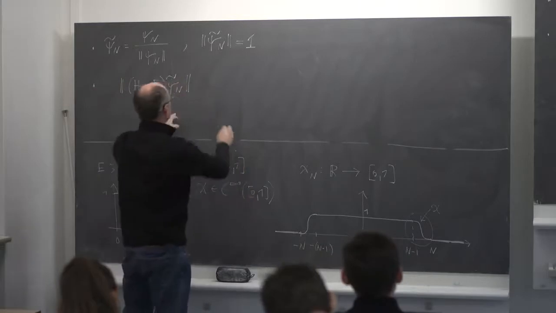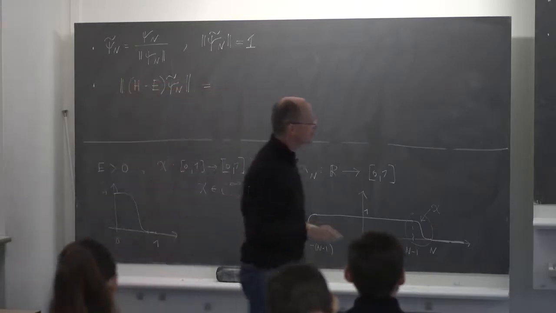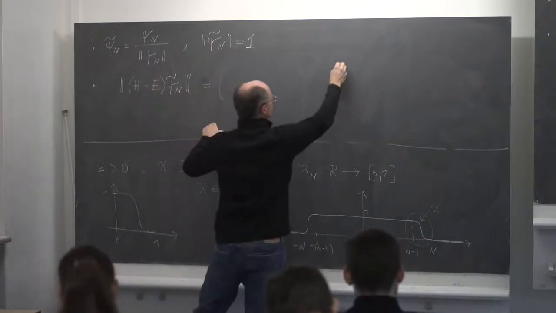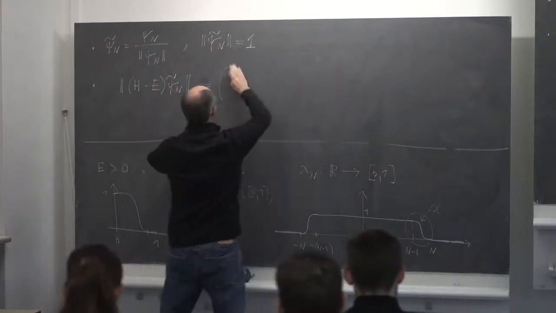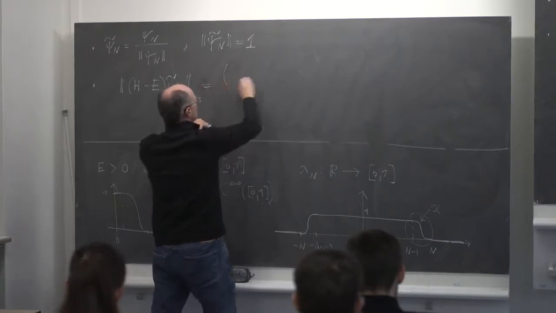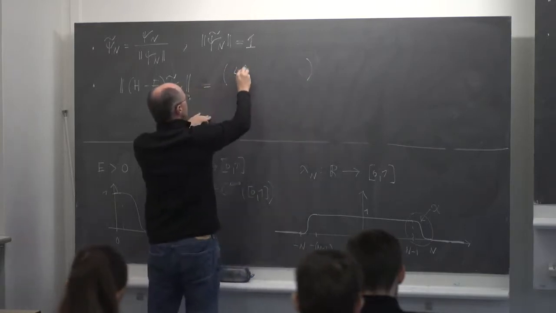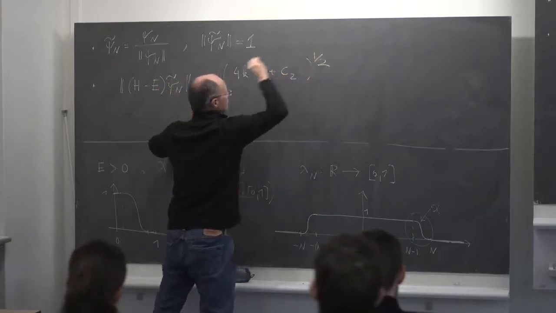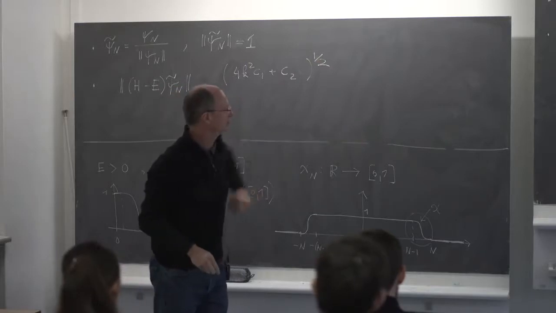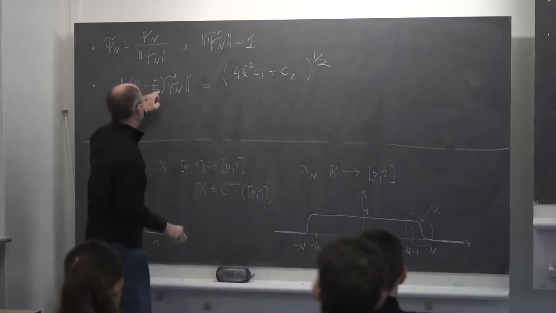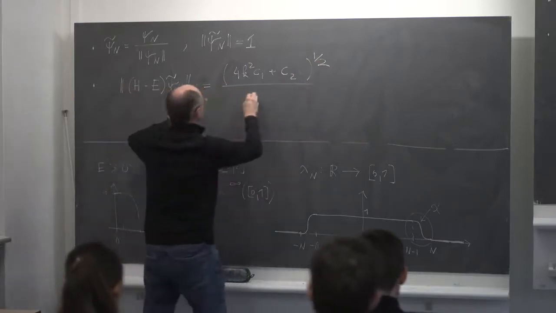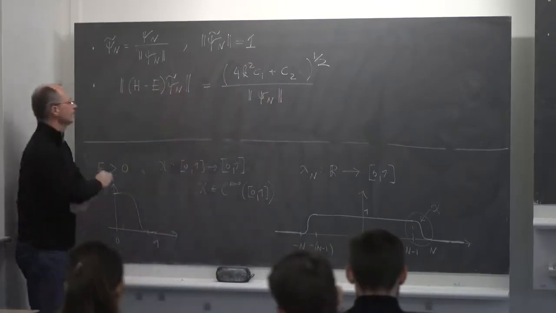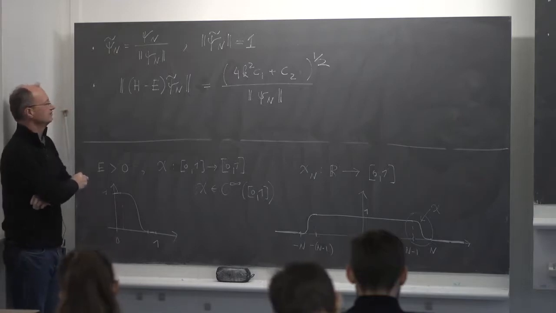Well, we'll eventually have to put a square root, right? So here there will be the square root of 4k squared c1 plus c2. That's the L2 norm of H minus E psi n, and this is divided by the L2 norm of psi n.